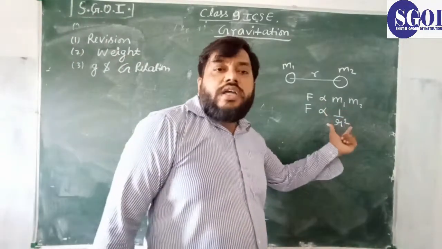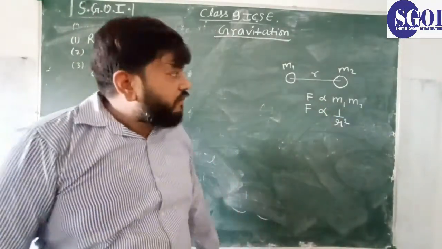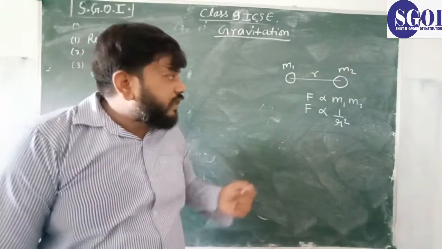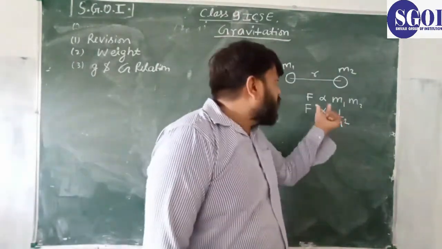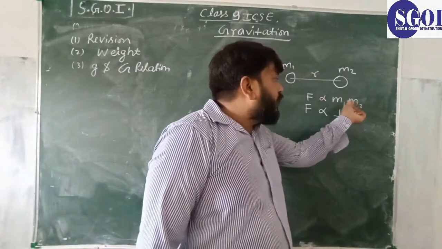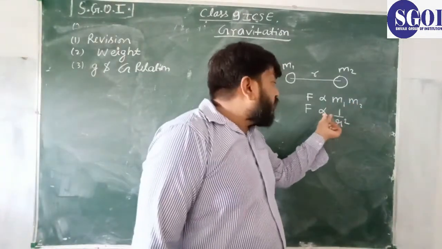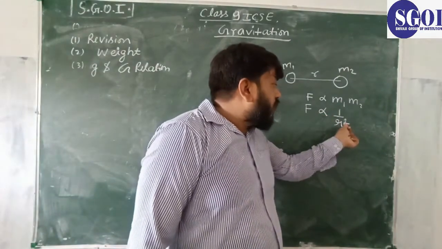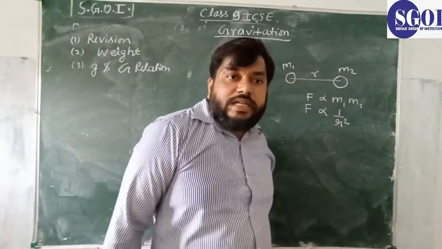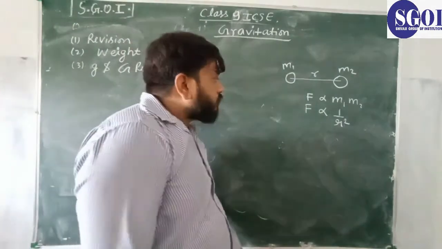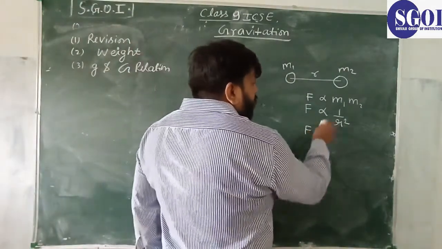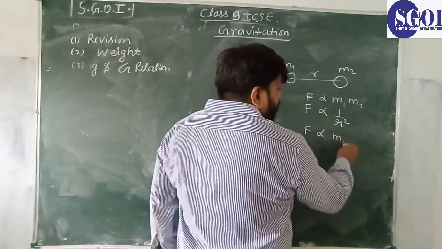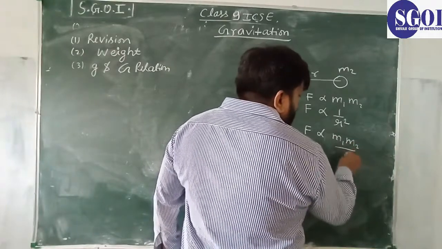This is Newton's law of gravitation which we studied in the previous video lectures. So F is proportional to m1 m2, and F is proportional to 1 by r square. Finally we can merge both of them, that is m1 m2 by r square.